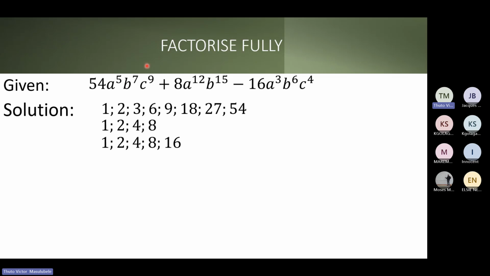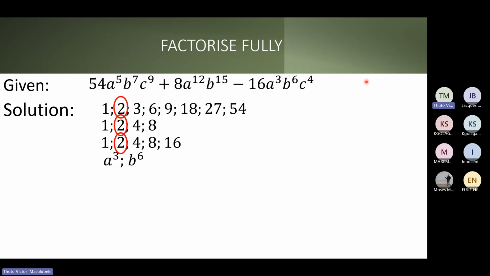If you check for b, we have b present in all three terms, but the b with the smaller exponent will be b to the sixth power. When it comes to c, notice that c is not common in all three terms. The middle term does not contain the variable c. So c will not be part of the highest common factor.